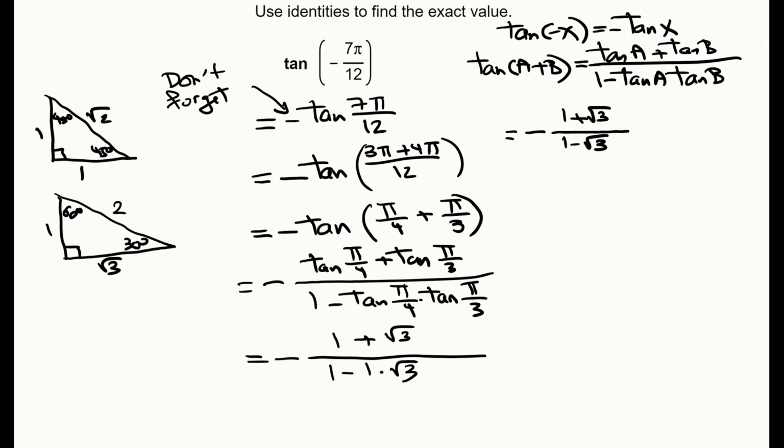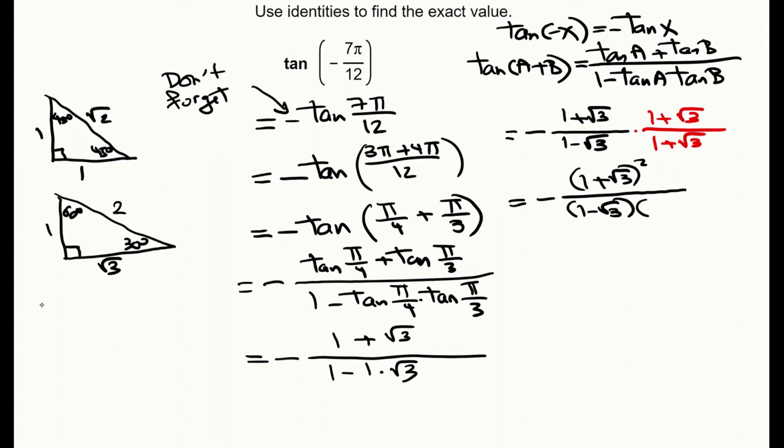This kind of expression, of course, we don't consider simplified until we have no more radicals in the denominator. So we'll go ahead and rationalize the denominator by multiplying by 1 plus square root of 3, and we'll do the same on the top, of course. So we end up with negative 1 plus square root of 3 squared over 1 minus radical 3 times 1 plus radical 3.